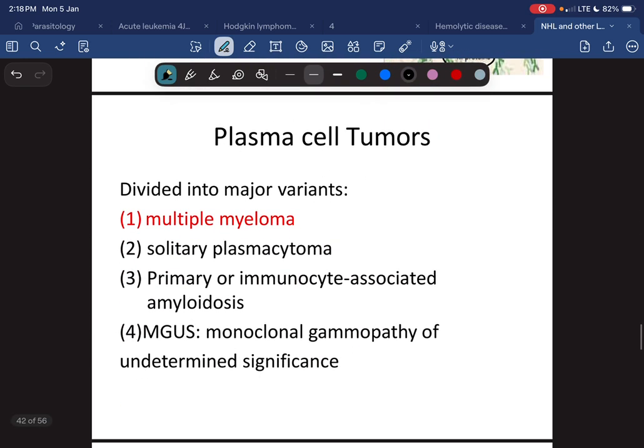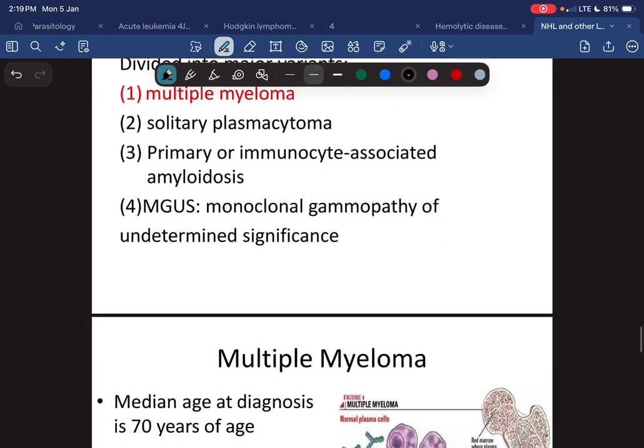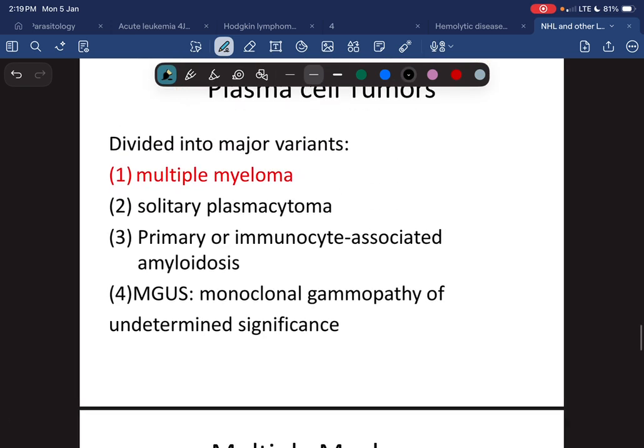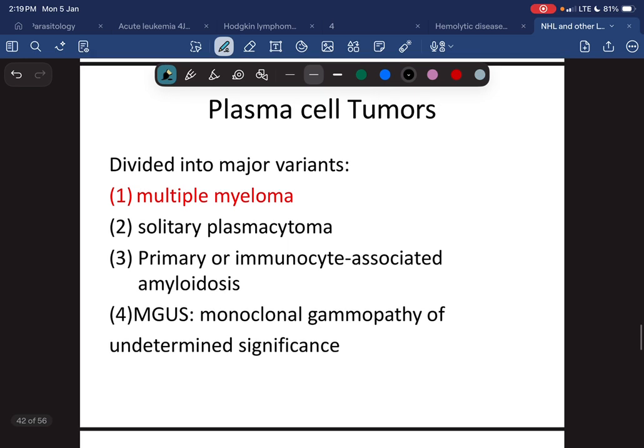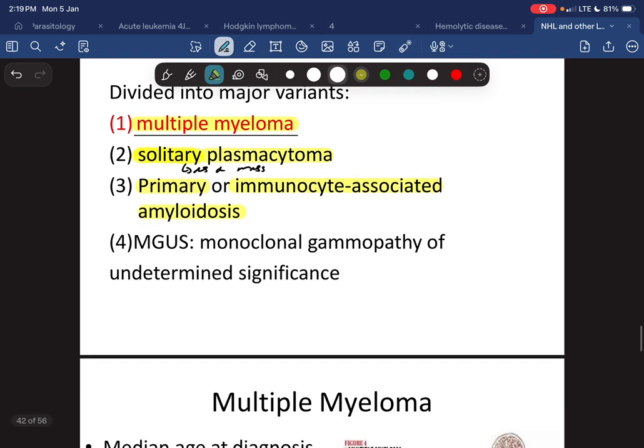We have different types clinically, based on the clinical presentation of a plasma cell tumor. Multiple myeloma, which we will talk about in this lecture. We have solitary plasmacytoma, which is a single mass of aggregates of malignant plasma cells. Primary or immunocyte-associated amyloidosis, amyloid deposition related to proliferation of plasma cells.